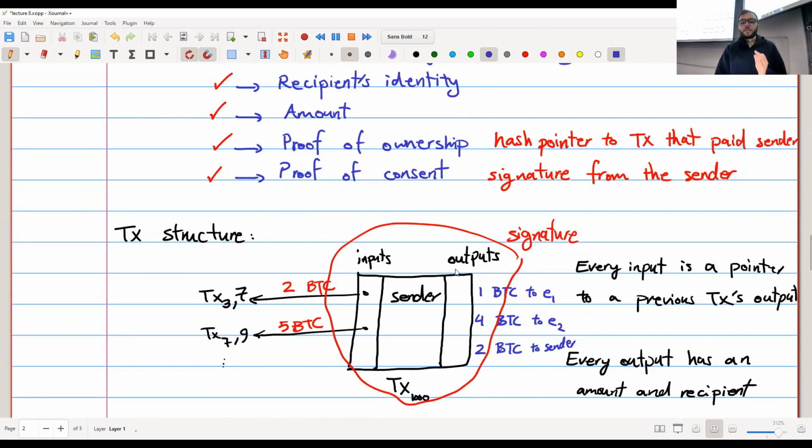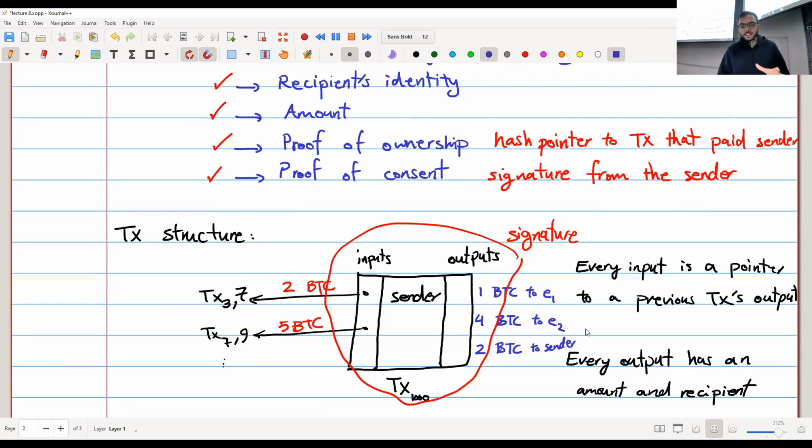And again, it's very important. It's not enough to have a signature on just one output, right? Because if you have a signature on just one output, maybe the sender did not approve the second output, right? And it's not enough to have separate signatures on each one of the outputs because maybe the sender was creating different transactions and didn't want to do all of them at the same time.